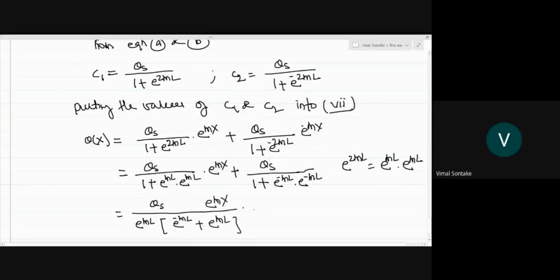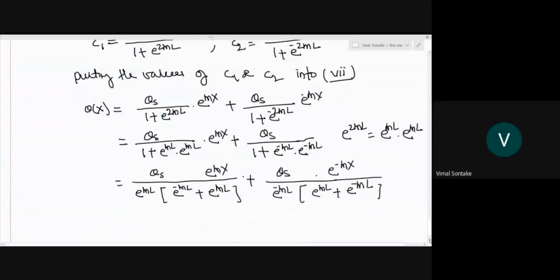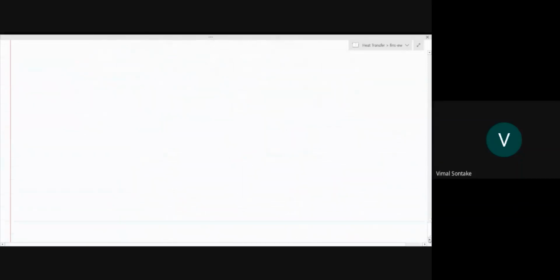This is the first term. In the second case, theta s over, now I take e to power minus ml common. So the first term will become e to power ml in order to make it 1 plus e to power minus ml, and on the numerator side it is e to power minus mx. Simple mathematics, nothing great here. This is not engineering, this is mathematics.